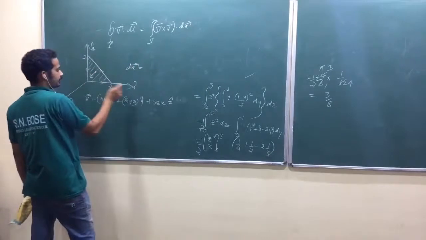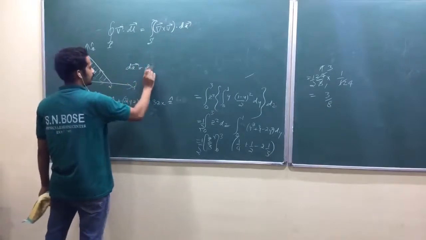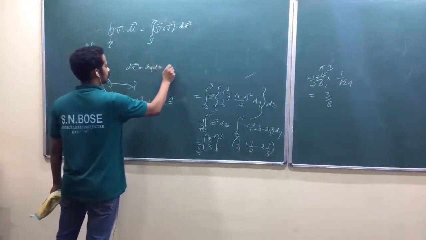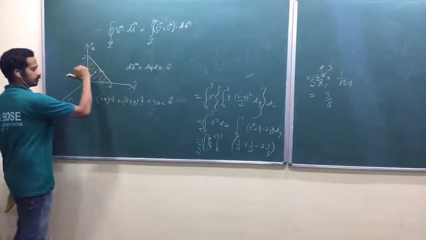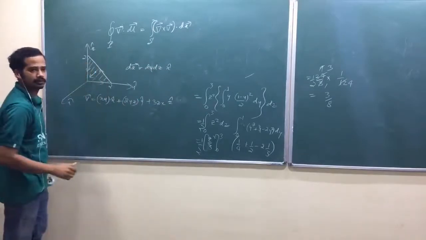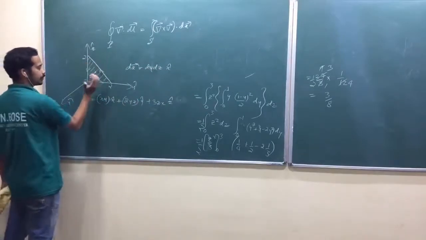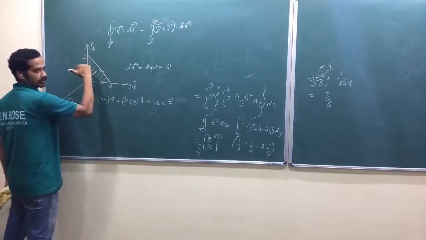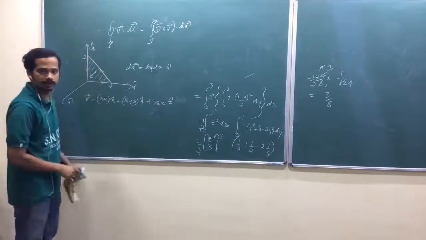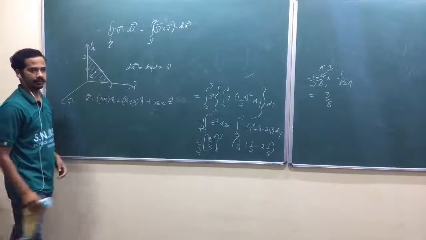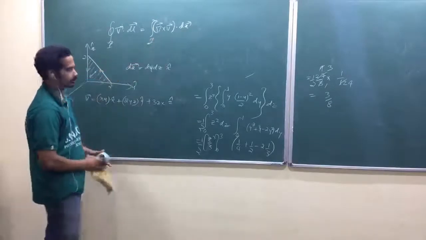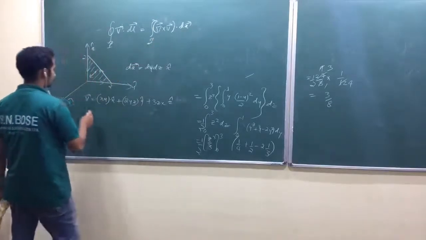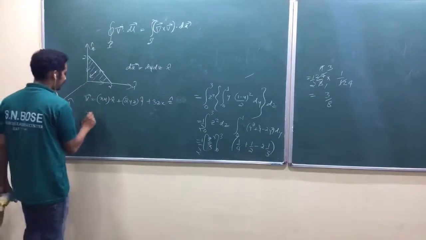It is the yz plane, dy dz, along x cap. Why along x cap? Because if your fingers run along the path integral, your thumb will represent the direction of the area vector. So now I have to take the curl.